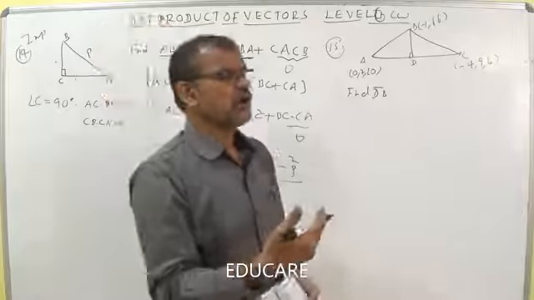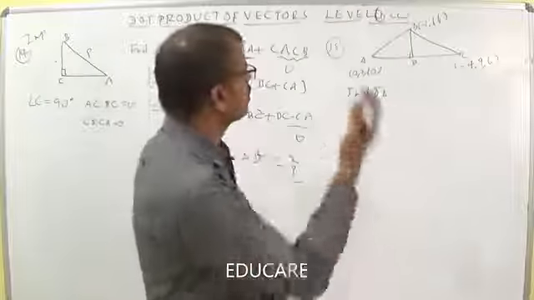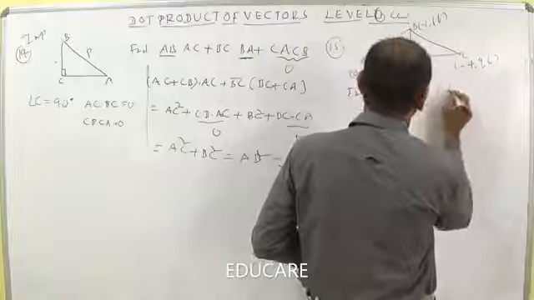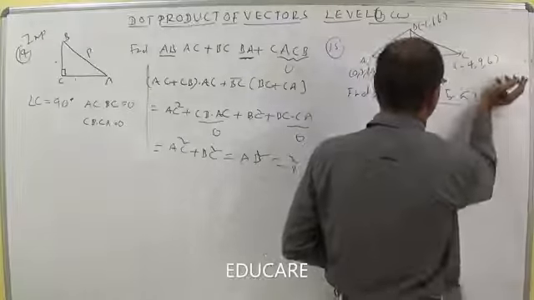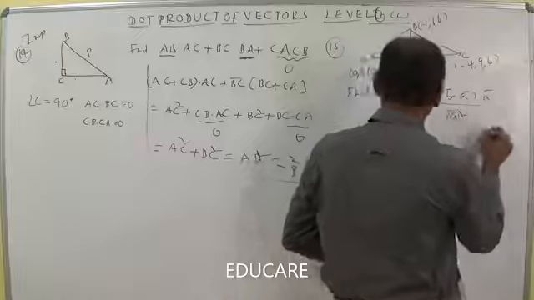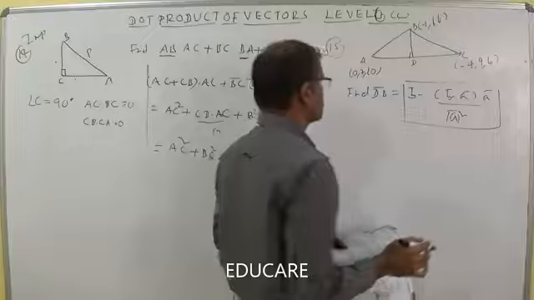DB is the orthogonal projection, the vector which is perpendicular to A bar. So remember the formula: B bar minus B bar dot A bar into A bar by modulus of A bar square. Using this concept, I am writing the formula in the box.